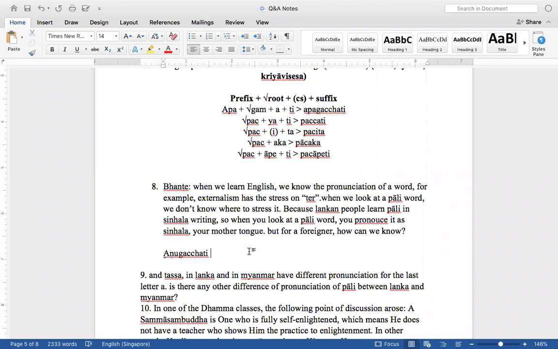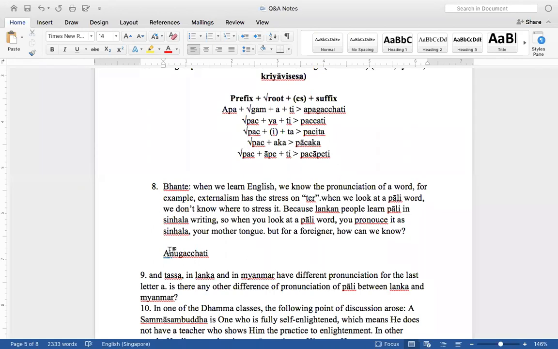Sorry, as you have put in the question, since my mother tongue has no stress, I'm unable to give any explanation on this. Because in Pali, as we Sinhalese Sri Lankans pronounce, we don't put any stress on any word. If there are any questions on this, even in grammar they don't talk about it.